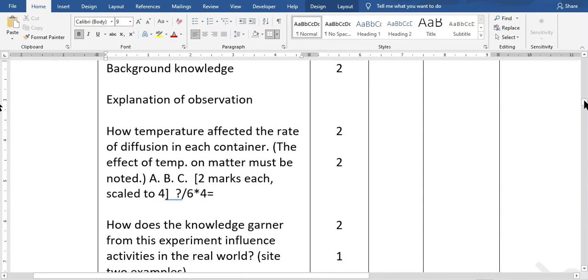The next thing you want to do is to do a little reflection on how the knowledge garnered from the experiment of course influences activity in the real world. So you're going to be providing some explanation here. The lab should not be this thing that is done in the lab and it is abstract and has no meaning to the real world. All the experiments that you're doing in science, they have real scientific worth in the real world.